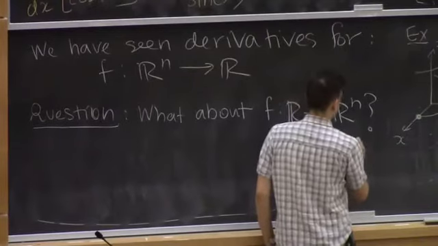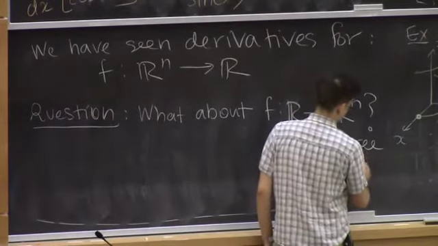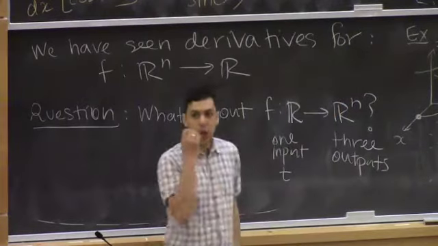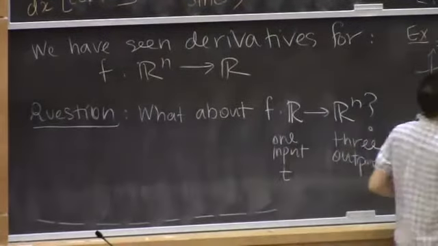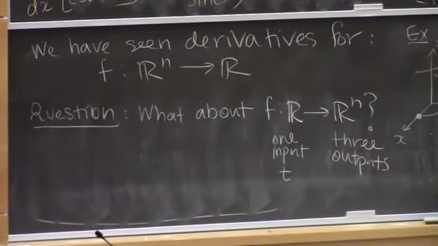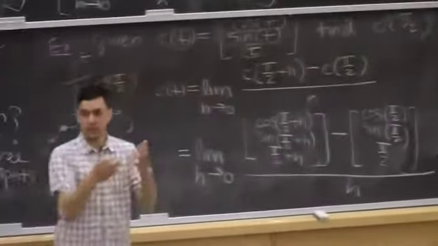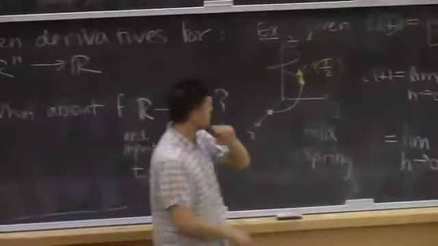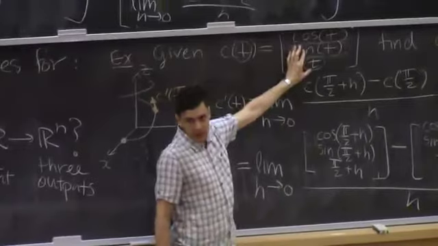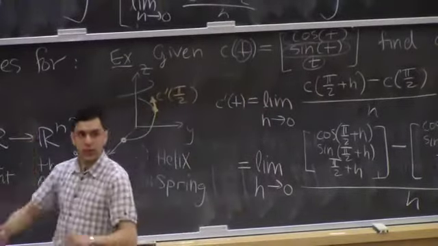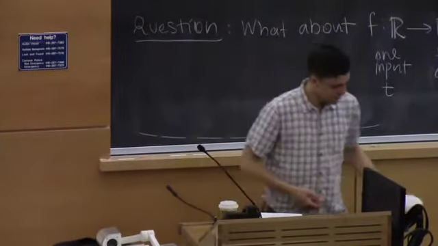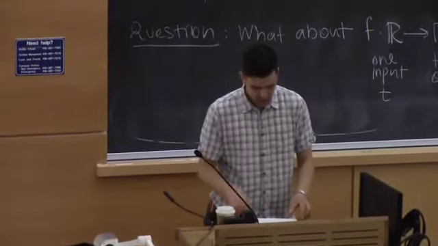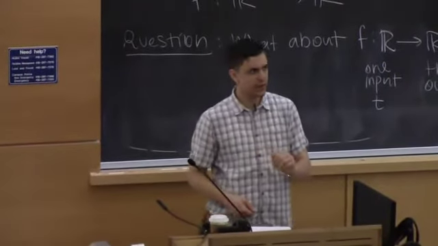So we go from R to R3 in that way. We put in the value t, and we get these three numbers. The interpretation of three numbers here is as a point in space. We put in one number, we get a point in space in return. Sweet. Does that help? Is that okay? All right, cool.